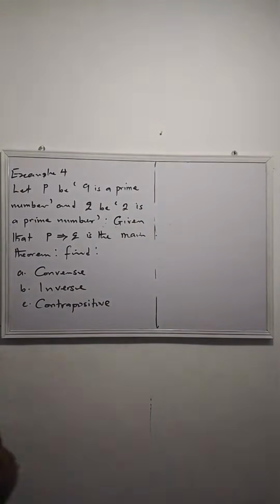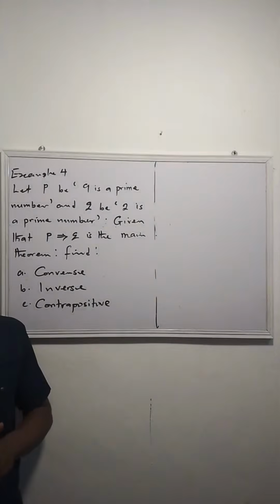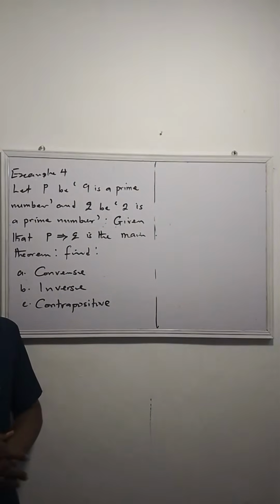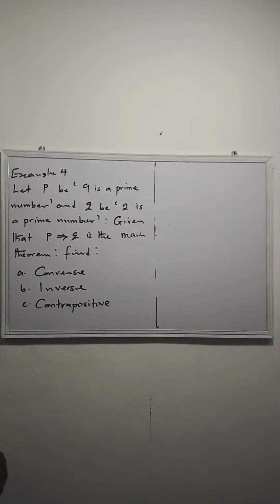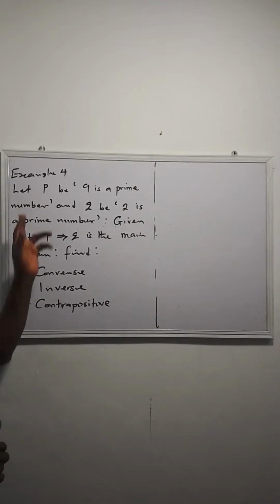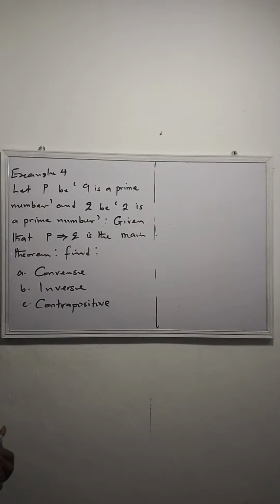This question is on logical reasoning. So I want us to look at this problem together and see how we're going to solve it. Now, the question says: let P be "9 is a prime number" and Q be "2 is a prime number".